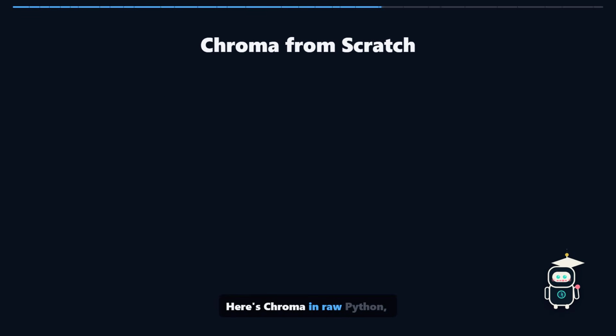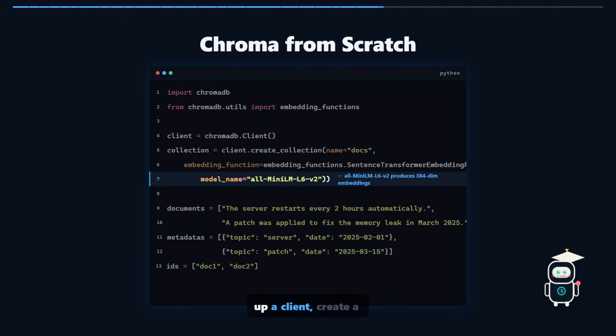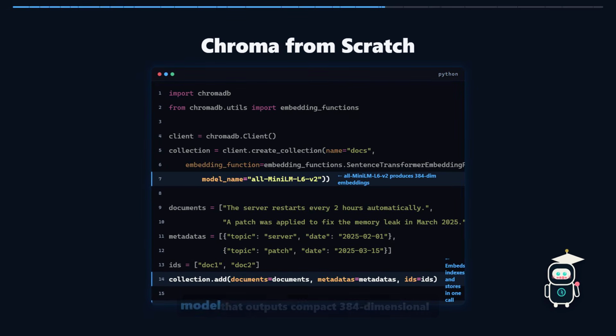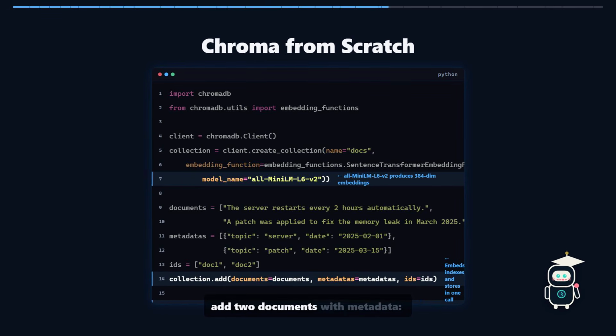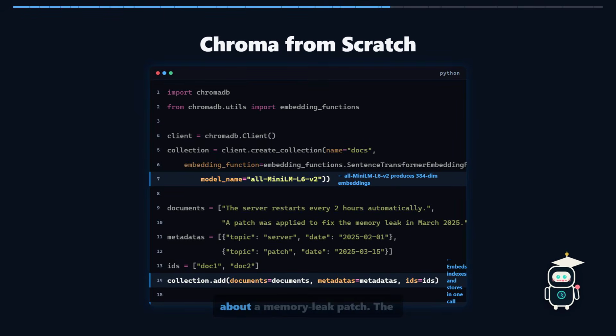Here's Chroma in raw Python, start to finish. We spin up a client, create a collection, and bind a sentence transformer model that outputs compact 384-dimensional embeddings. Perfect for small projects. We add 2 documents with metadata, one about server restarts, one about a memory leak patch.